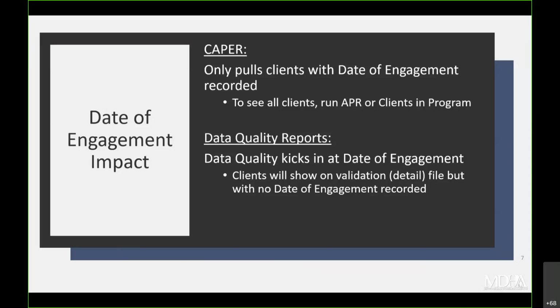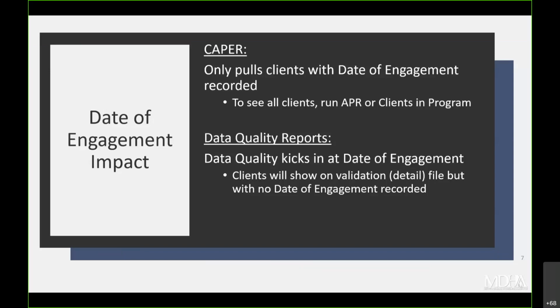There is a note here on the bottom. If you run the data quality report, I did say that they won't show up on the aggregate report. That's the overview that just shows you general numbers without any client data. The clients will show up on the validation file of that report, which is the client level data. You'll see all of your clients on that report, and there is a column that has date of engagement, so it will show you whether or not a date of engagement has been recorded.